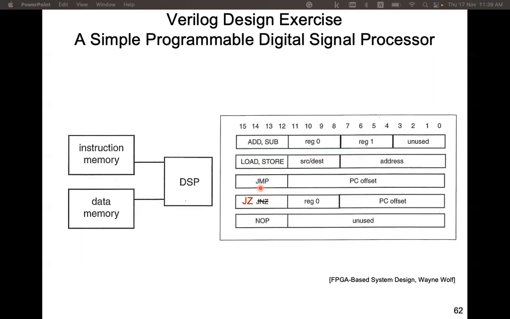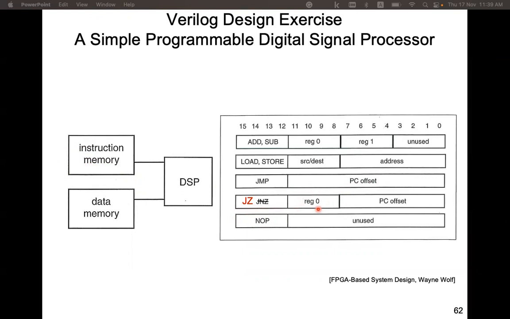And jump jumps to a specific program counter. This is an offset of the program counter, to jump from the instruction memory. Another jump command is jump 0, a conditional jump.